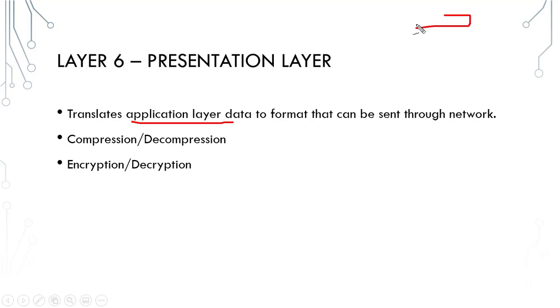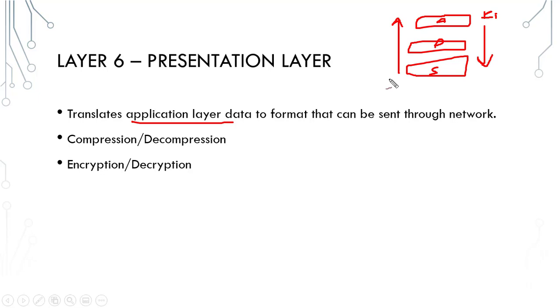So let's say we have the application layer here, the presentation layer here, and the session layer here. It formats data. Let's say there's a certain application, Firefox, which understands a certain sort of data, so it would convert it into something like binary and give it to the session layer. Or if data is received from the session layer, it would convert it into something that would be understood by Firefox.